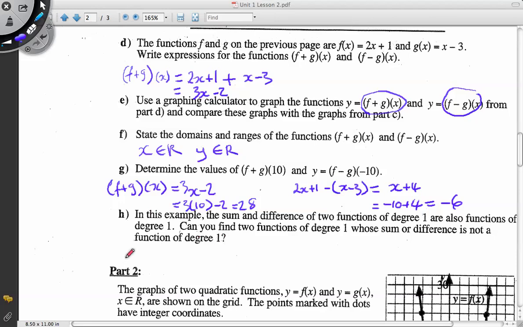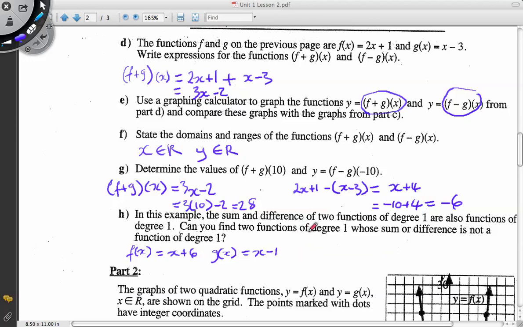So we have two functions, degree 1. So it's got to just have x to the 1, x to the 1 in it. But when we add them or subtract them, the function is not degree 1. I guess it could be degree 0. In other words, if we have a function such as f of x is x plus 6, and g of x is x minus 1.